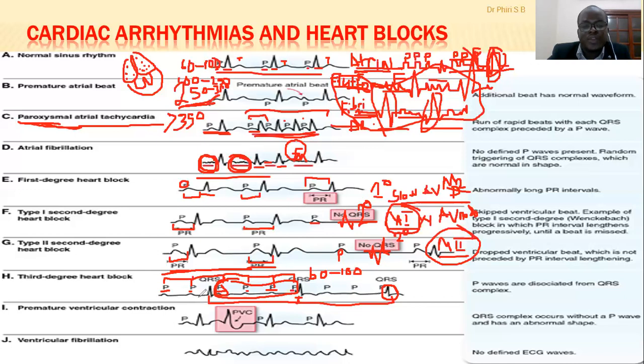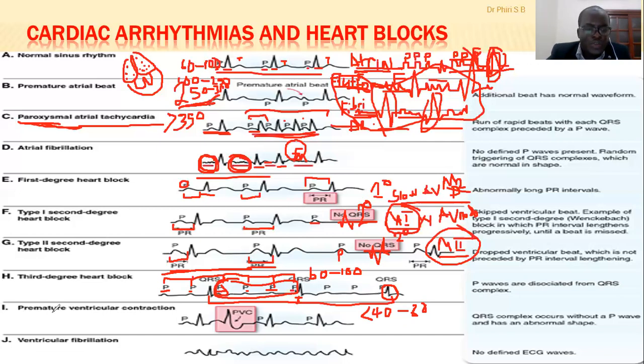And then the QRS complex, it will be between 40 to 60. Sometimes it can even be less than 40. So you know to say that this is a third degree heart block because what is being conducted to the ventricles is not the same action potentials that is originating from the SA node.